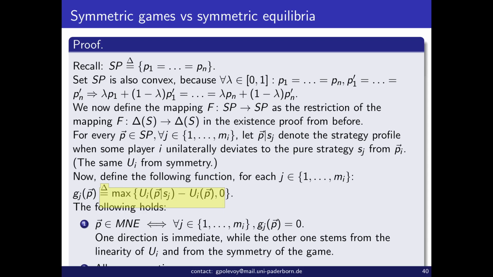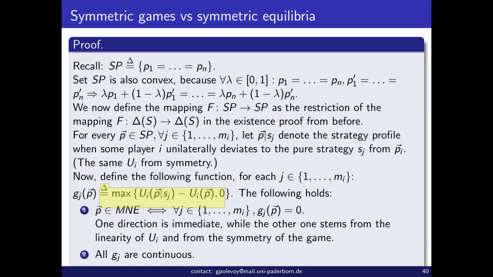So we have defined G_j(p), and then the following holds. Now, not everything fits on the screen, so I need to add again that the profile is a mixed Nash equilibrium if and only if for each j, G_j(p) is 0.